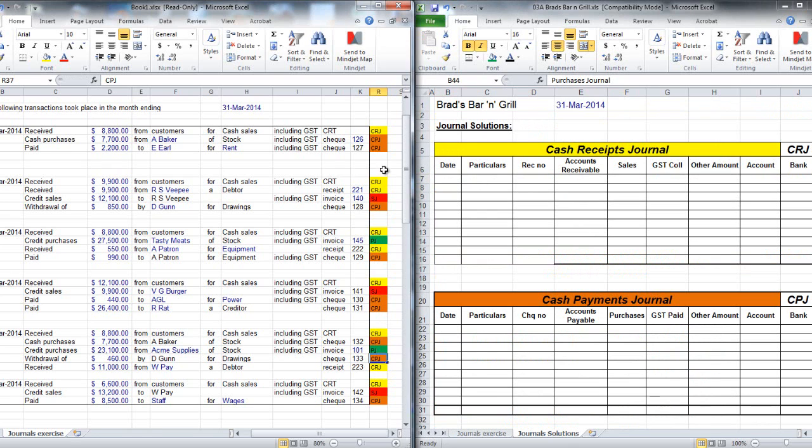Okay, so let's focus on the yellow one. So cash receipts journal. What that means is cash being received, money coming into the business, physical money coming into the business. Generally it's either cash being put into your hand or an electronic transfer into the bank account.